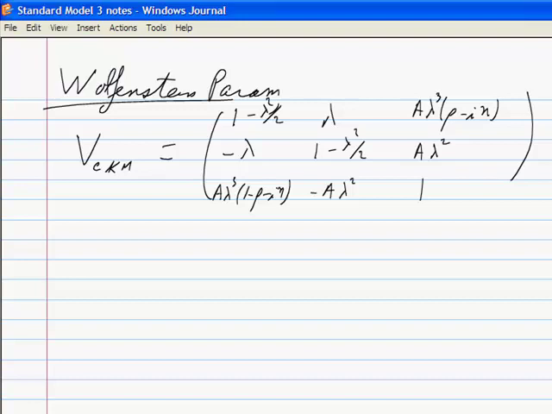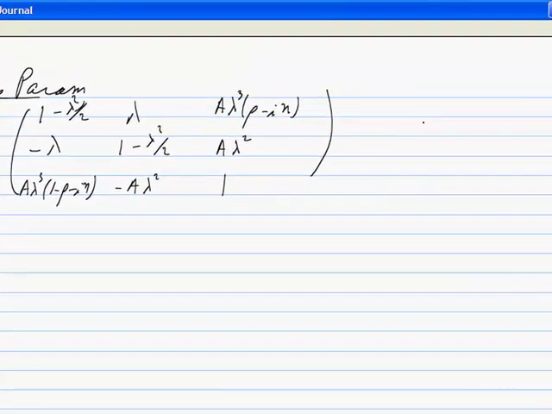Okay, so in this parameterization, lambda is 0.22 to the best we measure it. A, actually I don't have the numbers here exactly. A is order 1, rho and eta are of order 1.